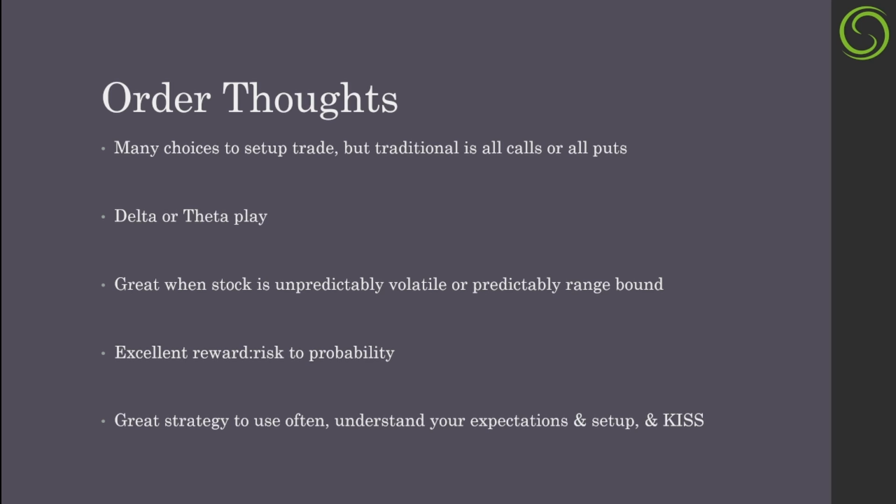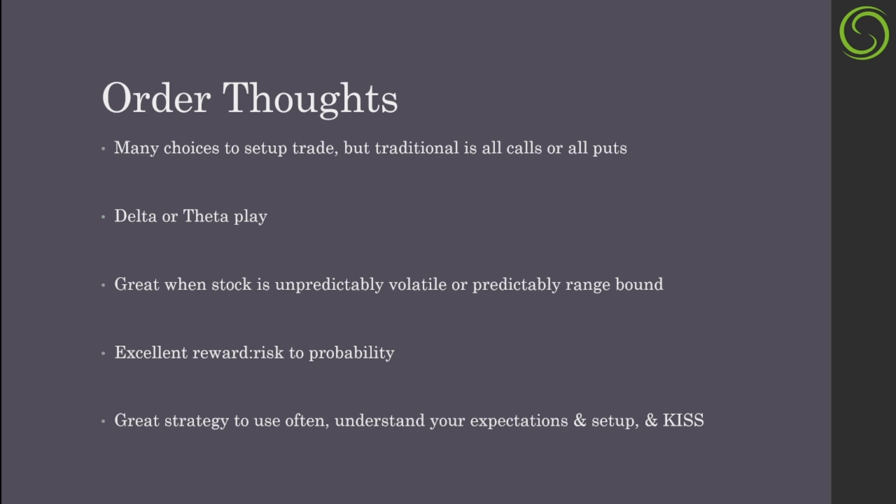And it just seemed more cumbersome doing it that way than just setting up a butterfly order. There's no need to make things more complicated, right? KISS. There's a reason why the acronym KISS is so powerful. Keep it simple, stupid, and just use calls or puts if that's the best way you understand it.